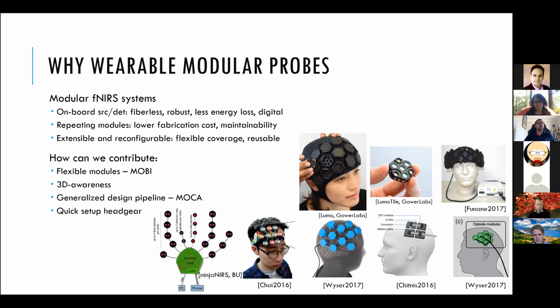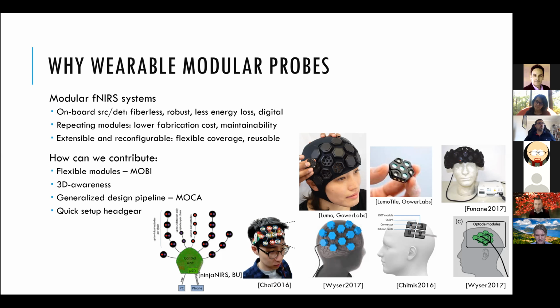That is a very strong benefit. The other is that these repeated modules can potentially be fabricated at lower cost and are easy to maintain because they're exchangeable. Also, these modules typically have onboard sources and detectors, removing the need for fiber optics and potential energy losses. So we asked ourselves, what can we contribute?